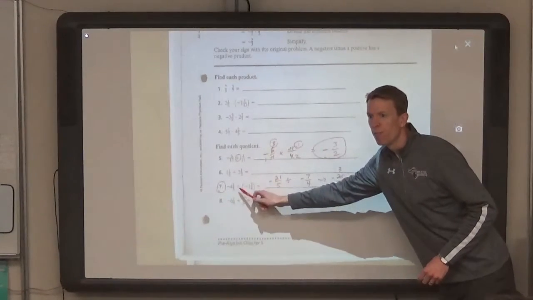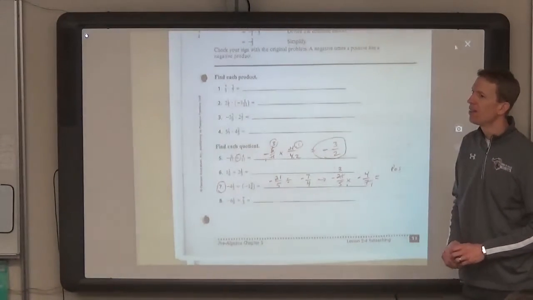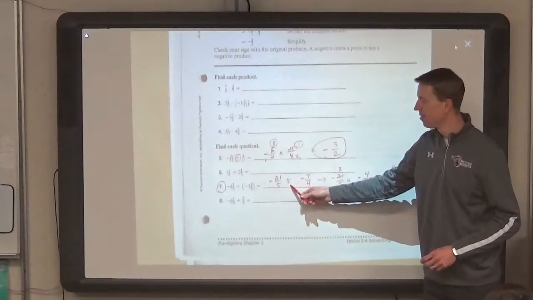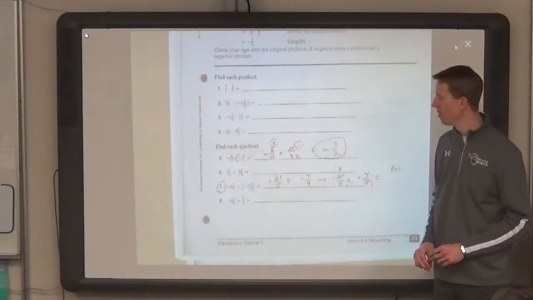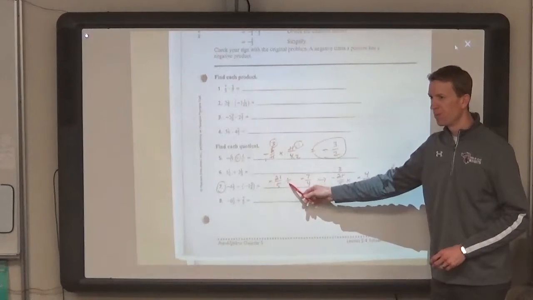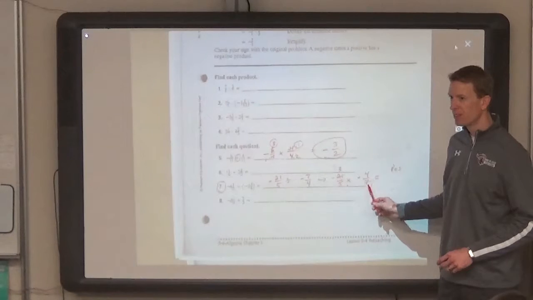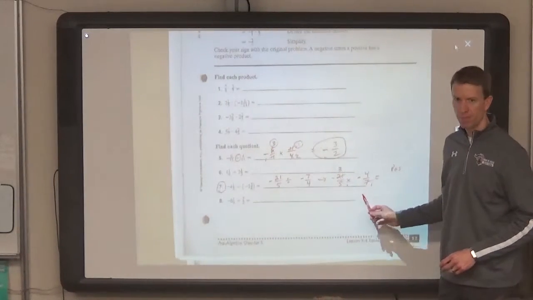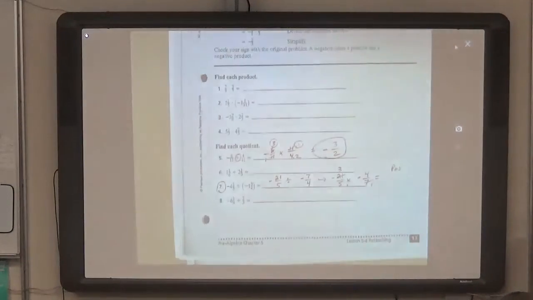The second one has to be flipped because it's division. Any division problem, even if it's positive, you have to change it to multiplication and flip the second fraction. Positive and negative do not matter in this.